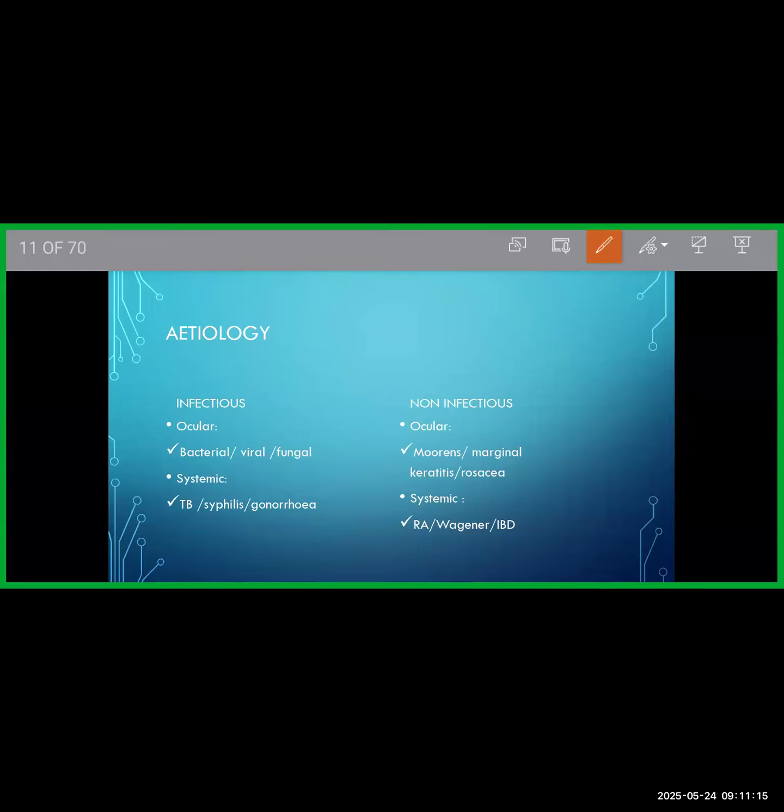In recent times, PUK is described in association with systemic autoimmune diseases. So most of the time, once we talk about PUK, it is actually referring to peripheral ulcerative keratitis associated with a systemic autoimmune condition.